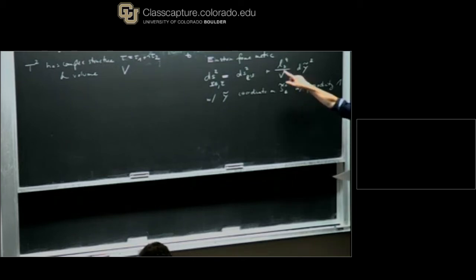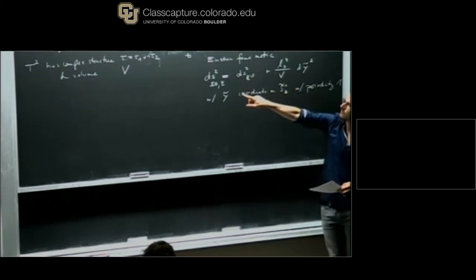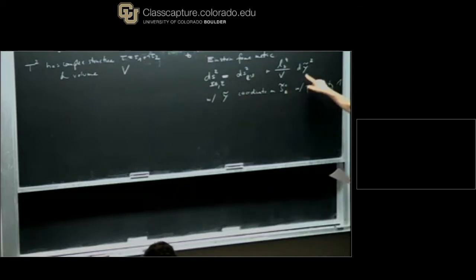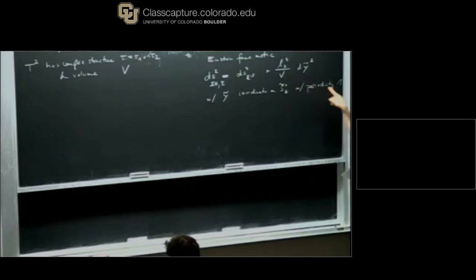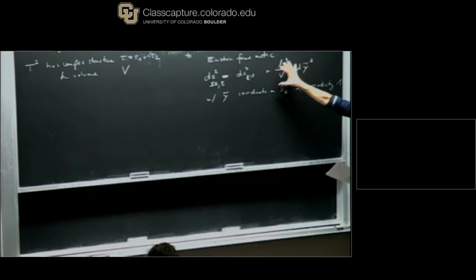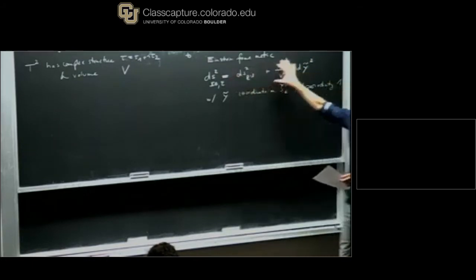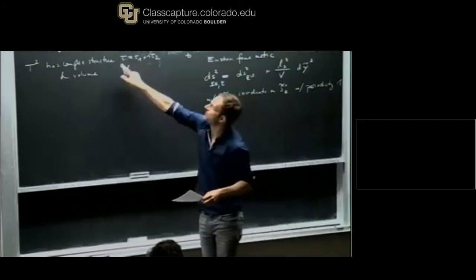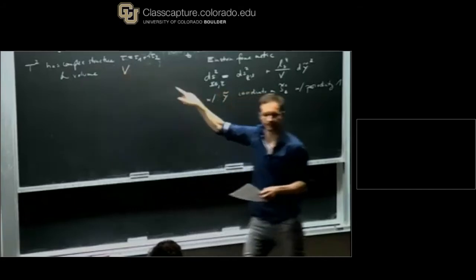So in particular, this shows that as we take V to 0, V being the original volume, the prefactor of dy squared goes to infinity. This means that in this limit, the fact that y tilde had periodicity 1 doesn't matter anymore. So this becomes, in that limit, the 10-dimensional type IIB action. And it is in this sense that the complex structure and the volume in M-theory enter.